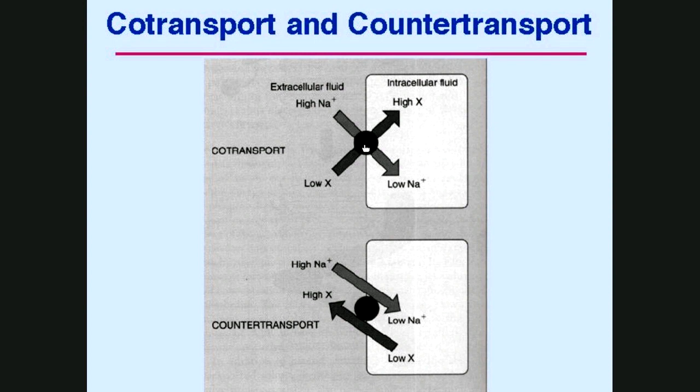Co means in the same direction, and you see that both of these materials can move in the same direction. And the other type of secondary active transport is called countertransport. Here you can see the antiporter, the protein which helps the materials to move in two different directions. One of them can come into the cell and the other one can go out of the cell.